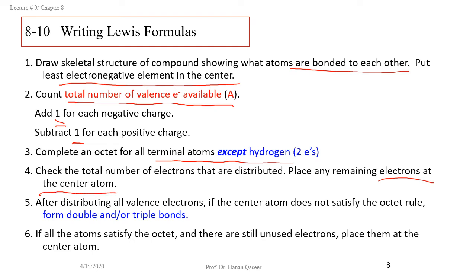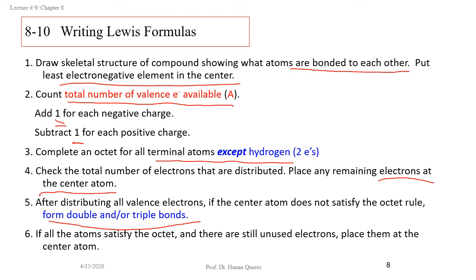After distributing all valence electrons, if the center atom does not satisfy the octet rule, form double or triple bond. بعد التوزيع كل الفالنس إلكترون اللي عندك، إذا ظل الذرة المركزية لا يتوفر فيها نظام ال8 إلكترونات، معناته بدك تحاول تعمل روابط ثنائية أو ثلاثية.